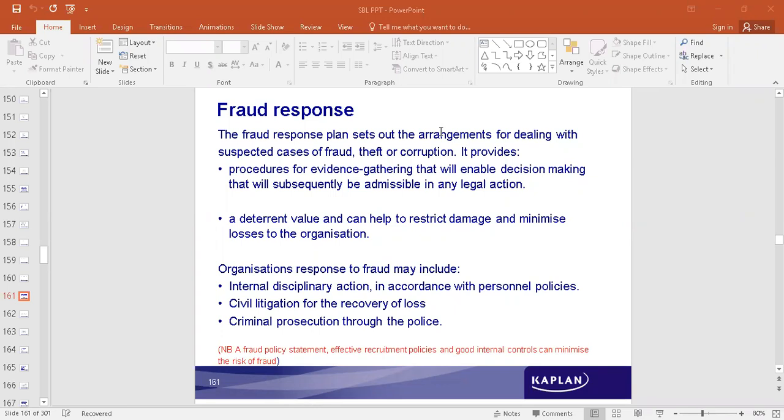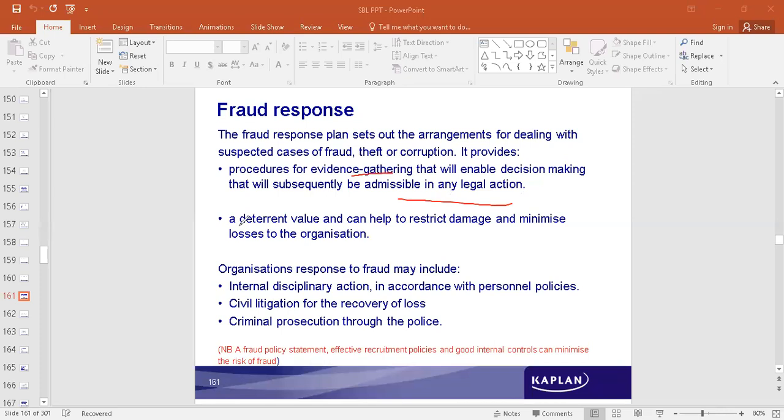So first they have procedures for evidence gathering. Based on this evidence, they can decide what course of action would be taken up after detecting the fraud.